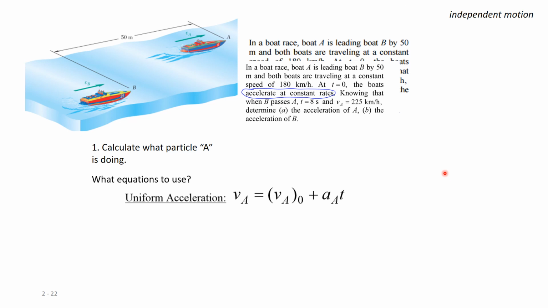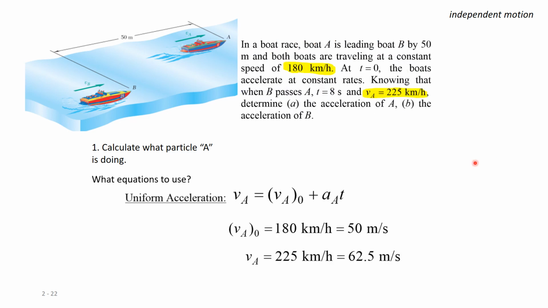Okay, so for constant acceleration, we have things like velocity of A is the initial velocity plus acceleration of A times time. So we need to find the acceleration of A. Okay, that's right here. And we're given the initial velocity of A. And we're given the final velocity of A. So which piece of this equation do we not have? The only piece of the equation we didn't have was the acceleration.